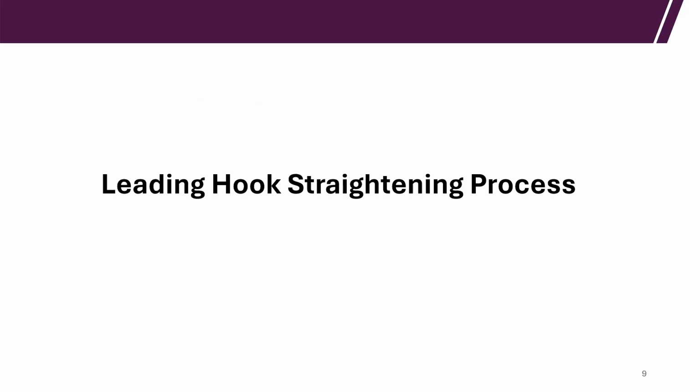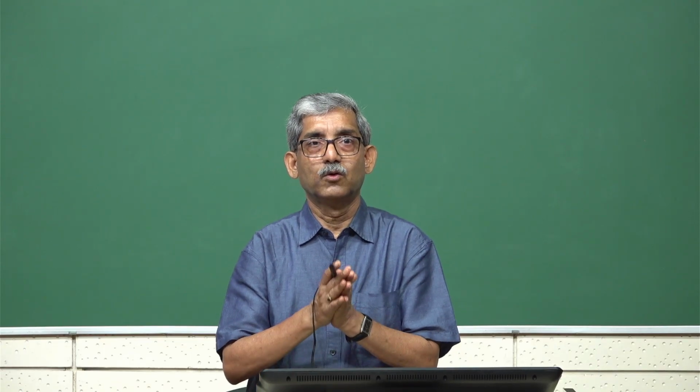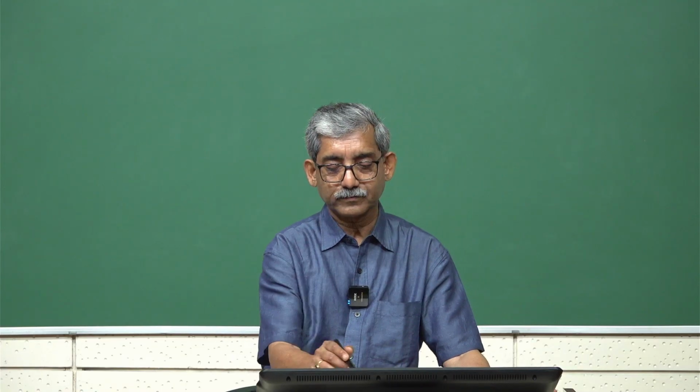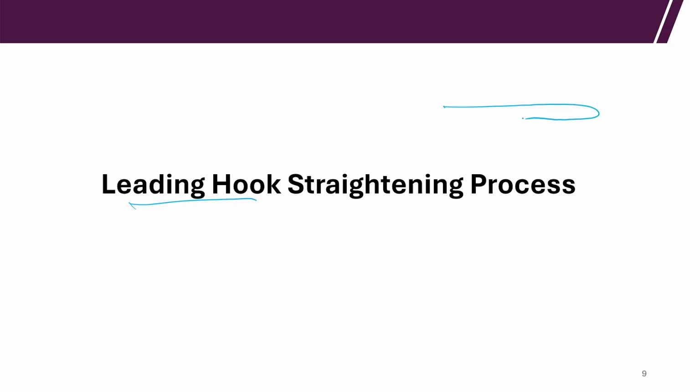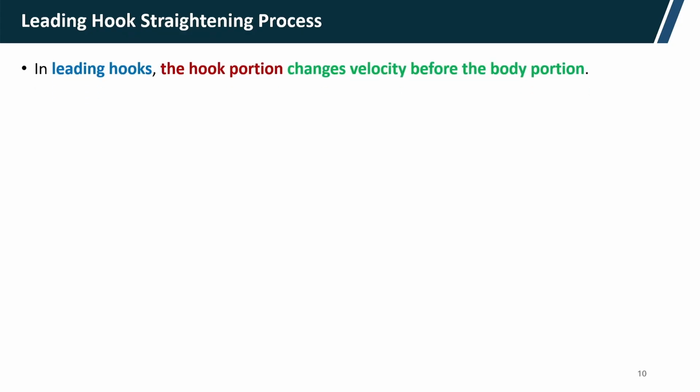As we have discussed, we will discuss the hook removal process in 4 stages. First, let us discuss the hook removal of leading hooks. This is the leading hook. In a leading hook, the hook portion changes velocity before the body portion.